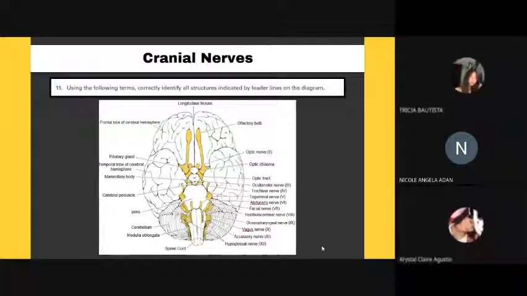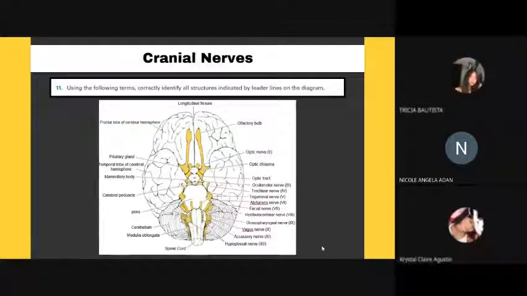Now for the cranial nerves, number 11. Using the following terms, correctly identify all structures indicated by leader lines on the diagram. On this slide, we can see the diagram of the brain. There are many parts, and the central part of this diagram is the 12 cranial nerves. The 12 cranial nerves are the nerves that originate in our brain.